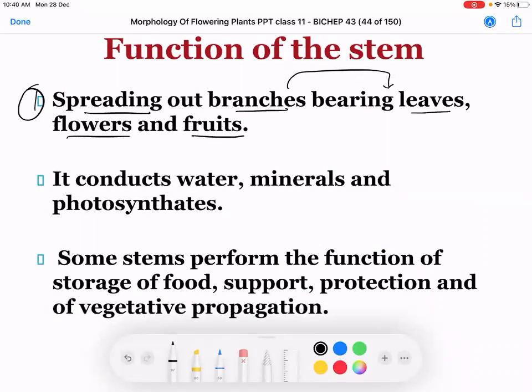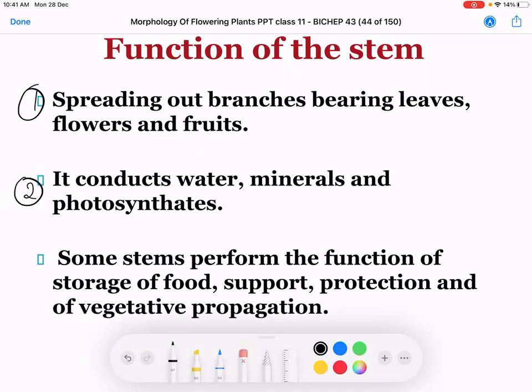So they are supporting, number 1, leaf, number 2, flowers, number 3, fruits, by branches, and these branches are grown on the stem. So it is the responsibility of the stem to produce branches which support leaf, flower, and fruits.